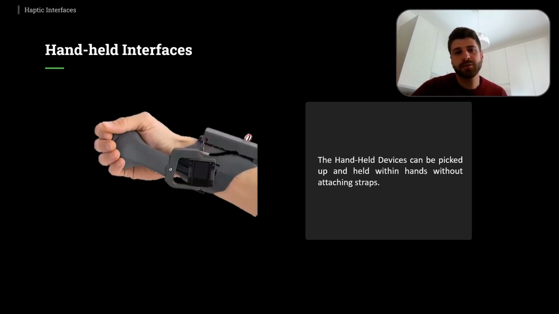The handheld interfaces are quite in the middle between the wearable and desktop ones, and are the ones that can be worn but also need to be held with your hand, as the name says, and so are probably the happy medium, let's say, between portability and accuracy.